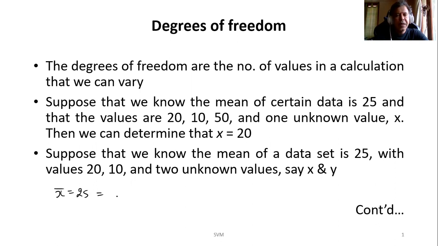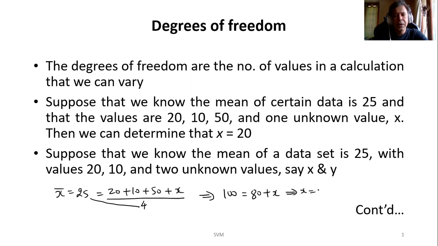And since it is average, the numerator will be the sum of all the values, which is 20 plus 10 plus 50 plus x, divided by the number of values. There are 4 values. So by cross multiplication, I can say 100 is equal to, if I add 20, 10, 50, it is 80 plus x, which means x is 20. That is what is specified here.